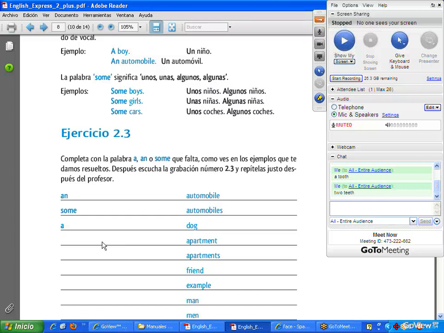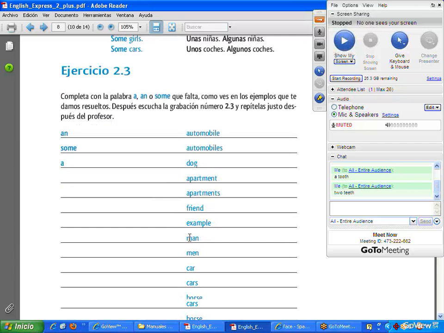Now we can see this is plural. So we have to say some apartments. Friend, amigo. Friend, it's singular. It's F, so it's a consonant. A friend.